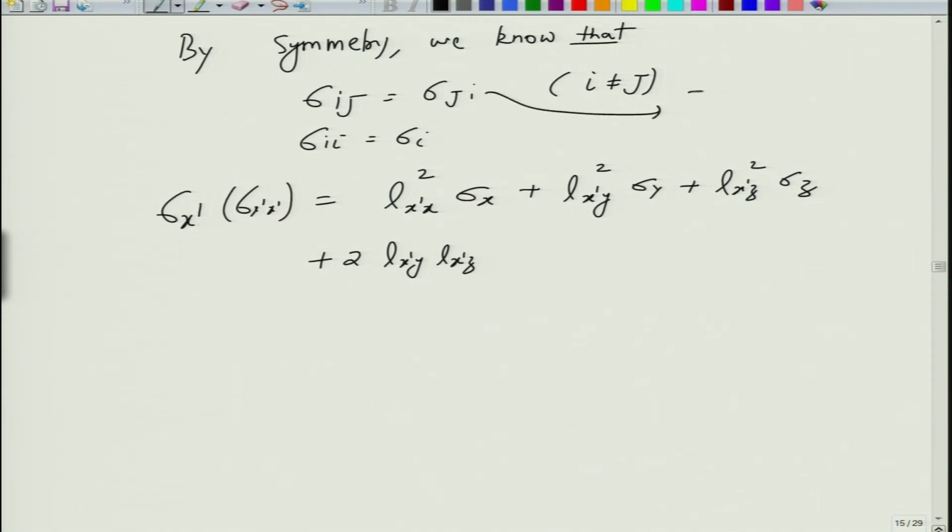So, basically we can write this as tau ij or tau ji.